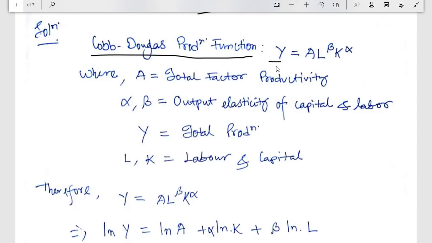So here Y is the total production, A is the total factor productivity, L is labor, K is capital, and beta and alpha are the output elasticity of labor and capital respectively, right?